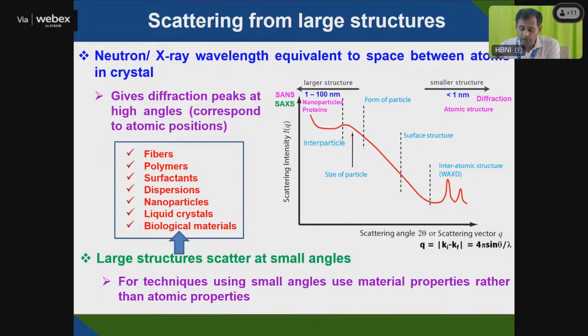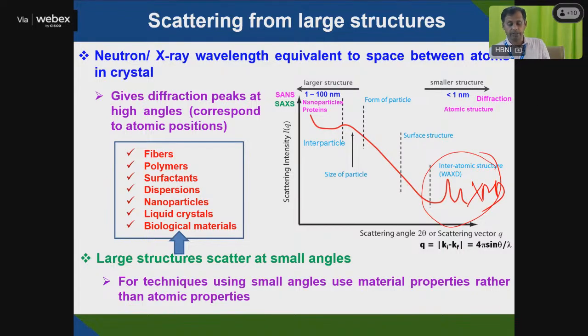If you compare the whole thing, scattering from a large structure, both X-ray and neutron wavelengths are almost equivalent to the lattice spacing between atoms in a crystal. Here, this is your wide angle XRD, where you get the atomic structure, mainly diffraction peaks, from the conventional XRD technique.